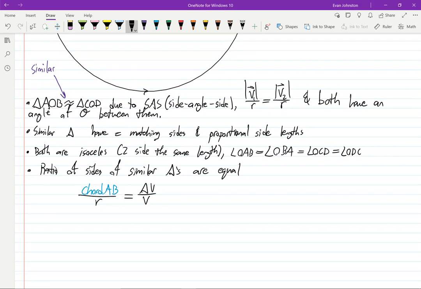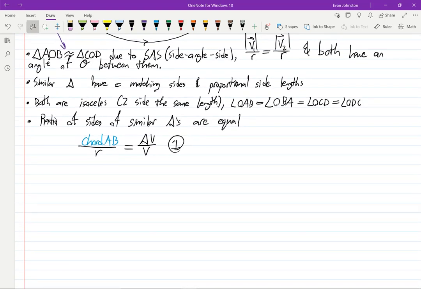But since we're caring about just the size, not the direction, it's side lengths, I don't need to put a 1 here or a vector. I'm just going to leave that as V, which is now the speed itself. And we're going to come back to this. I want to circle this and label it equation 1. We're going to do a little finagling and get this in a handy version that's going to give us our final result.